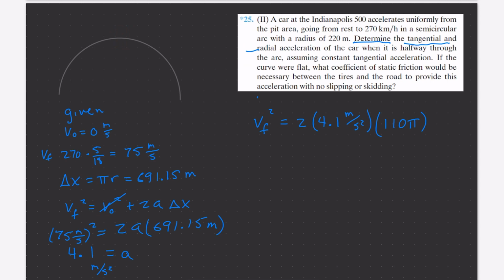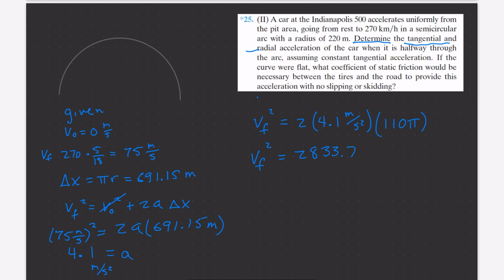All right, so I'm going to multiply 110 by pi. Then I'm going to multiply that by 2, and I'm going to multiply it by 4.1. So that's combining everything on my right side. So that means v final squared is going to be equal to 2,833.7.